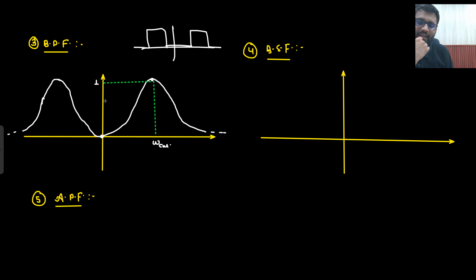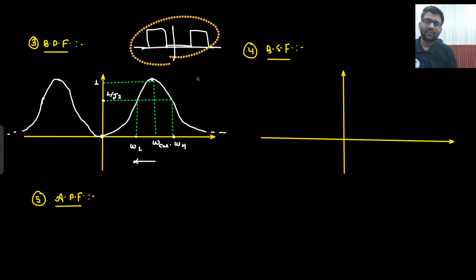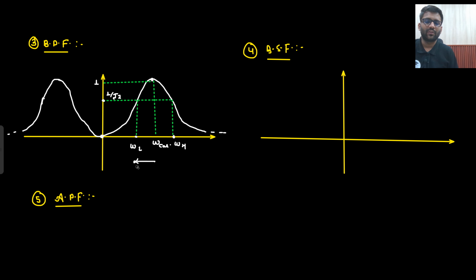Now when the gain becomes 1 by under root 2 times here, and 1 by under root 2 times here, this is known as the lower cutoff frequency and this is known as the higher cutoff frequency, and this is the bandwidth of a band pass filter. Omega h minus omega l, that will be the bandwidth, that I don't need to write, you already know.